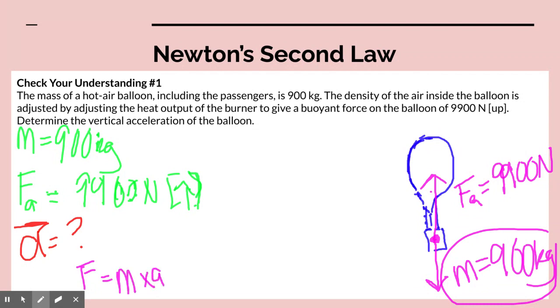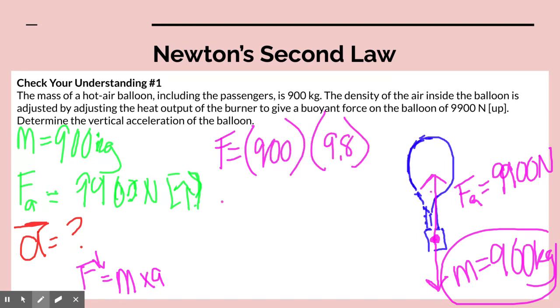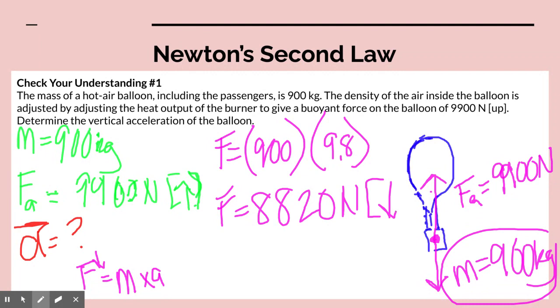So our force is going to be equal to our mass, 900, times 9.8. If we punch that in the calculator, 900 times 9.8, we should get 8,820 newtons, in this case down. So now we've got something we can work with.